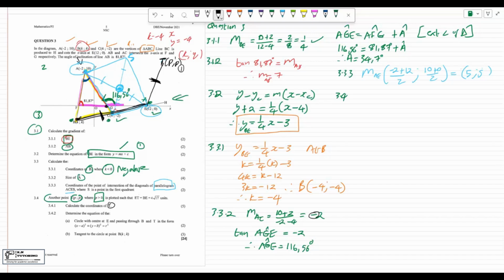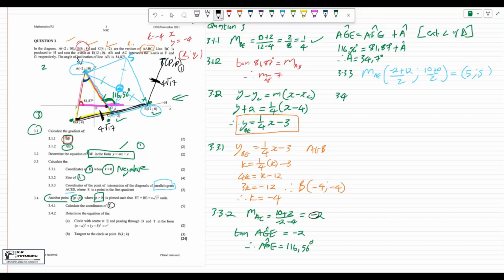How can we solve this? Another point where P is plotted, and they're telling me that the length there is 4 square root 17 units. I just want to read the question again.